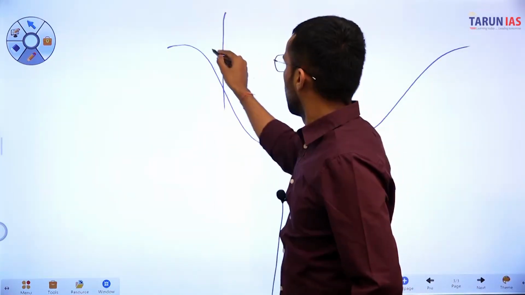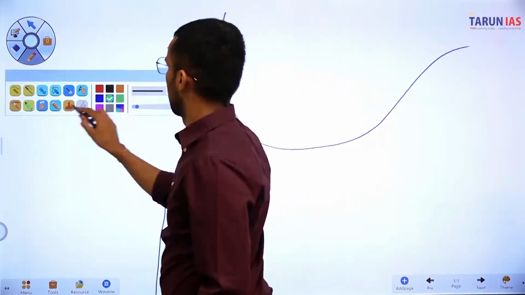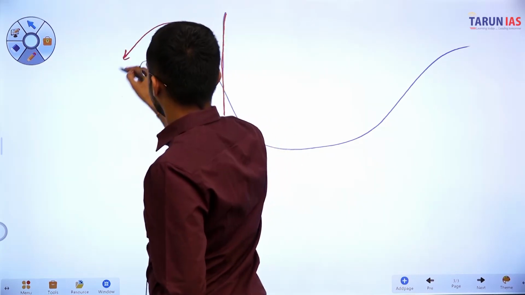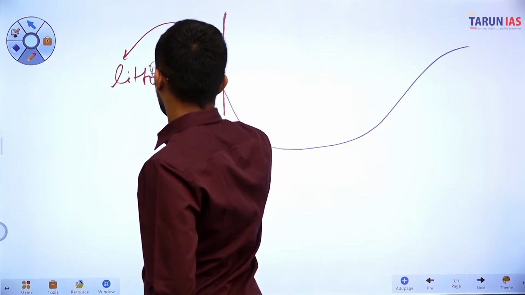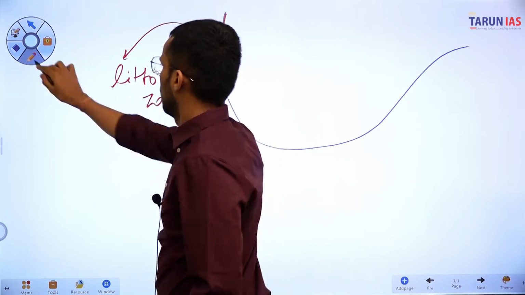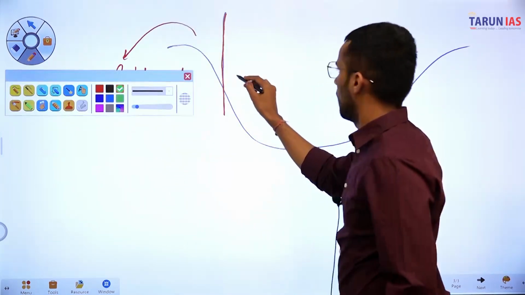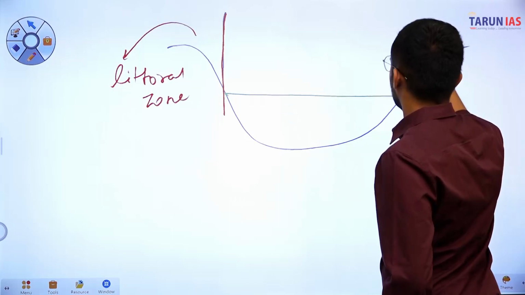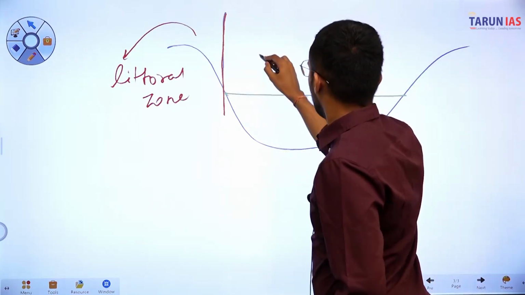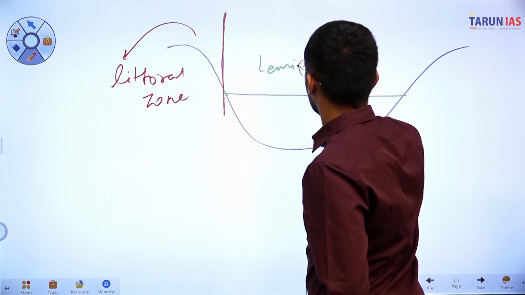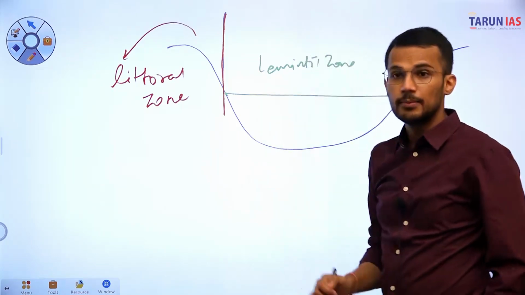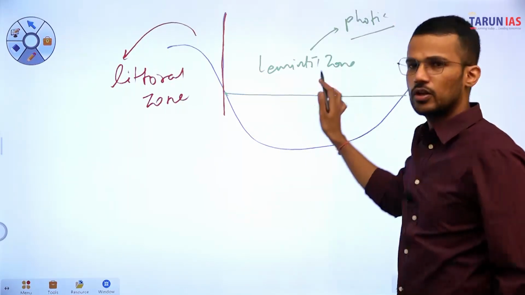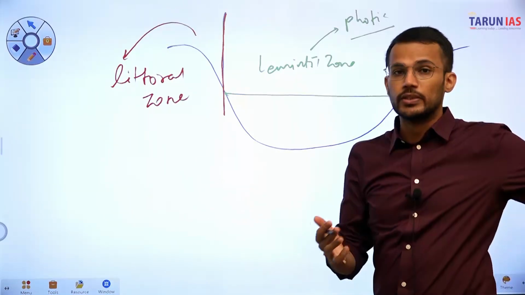This particular part of the lake is known as the littoral zone of the lake, right? Then this part of the lake is known as the limnetic zone. And this is the photic area of the lake ecosystem.